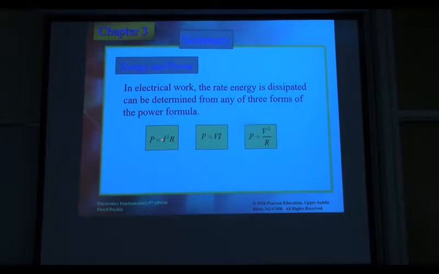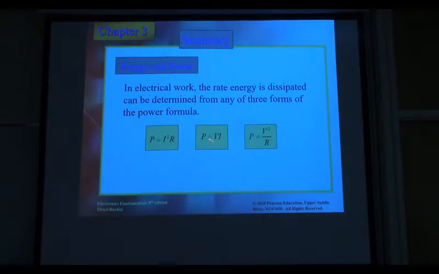We can derive this from here. So this is the first one: P equals voltage times current. How do we get the other one? From Ohm's law, voltage equals I times R, right?